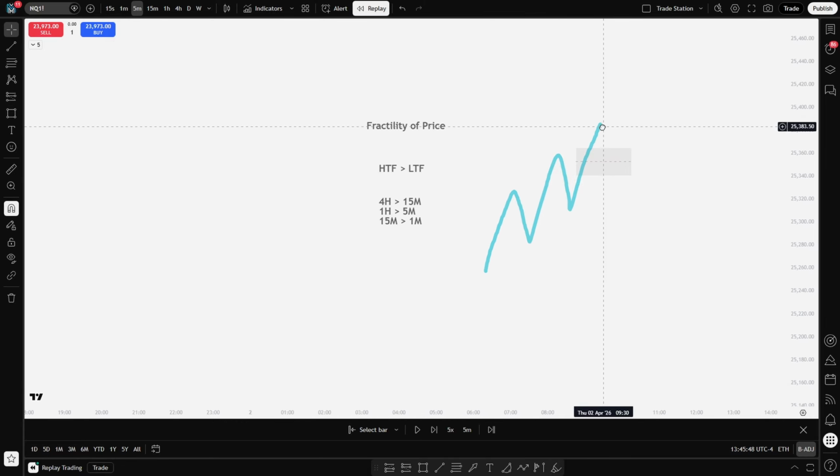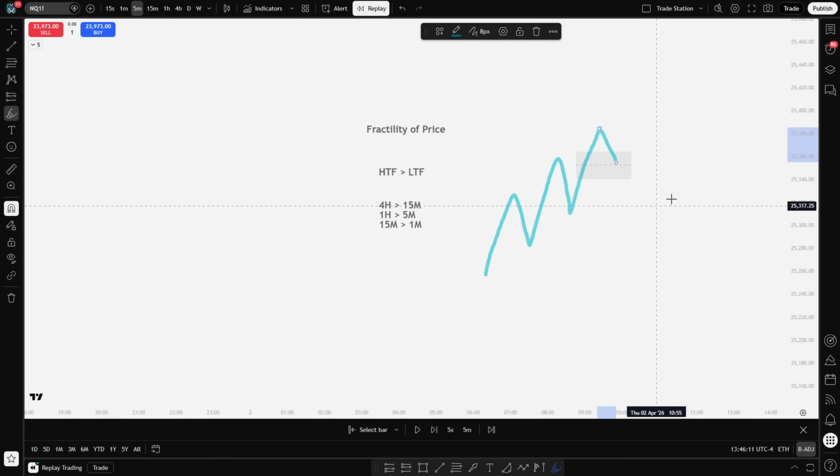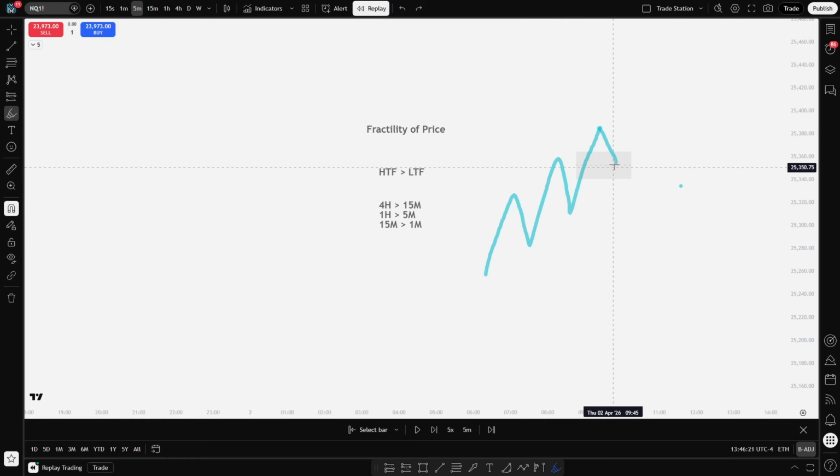It goes down back into the fair value gap, and you know there is structure. So when it comes here, what do you expect price to do? Go higher again. So when you look at the 4-hour and see that price is at this point, and you expect price to do this and go up from this 4-hour fair value gap that we just talked about, using it as support, you can zoom in to the lower time frame to look for your entry.